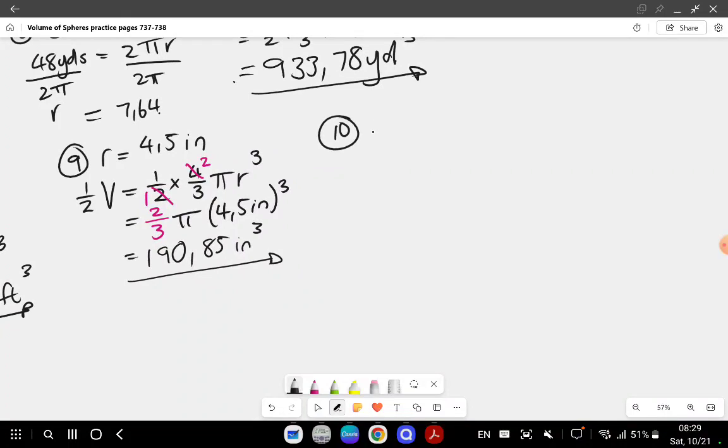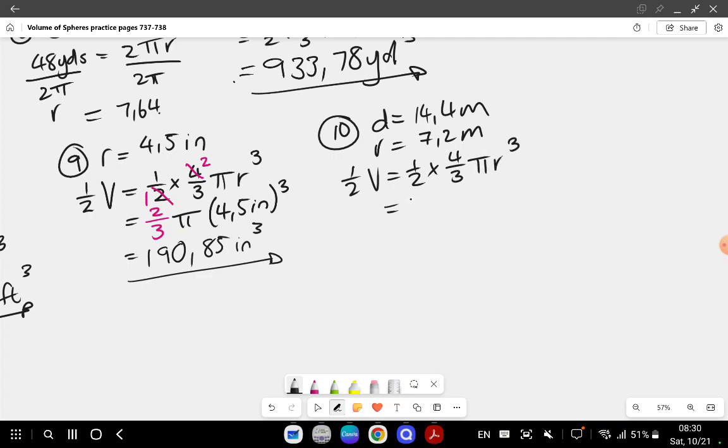And the last one on this page, question number 10. Again, hemisphere. Diameter equals 14.4 meters, which means radius is equal to 7.2 meters. Half of the volume is equal to half of 4/3 pi r cubed, which is equal to 2/3 pi 7.2 cubed.